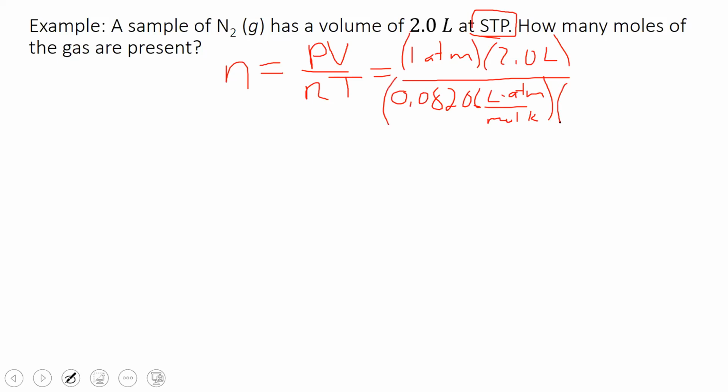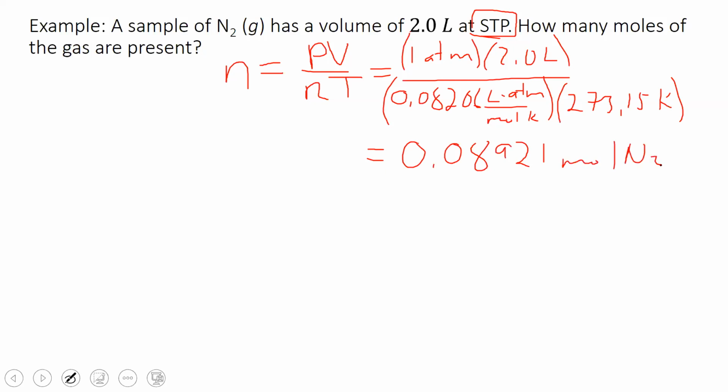And the temperature will be 273.15 Kelvin. You can do that calculation anytime, using your ideal gas law, and you wind up with a value of 0.08921 moles of N2, and you have 2 sig figs because of the 2 liter volume, so really 0.089 moles of N2.